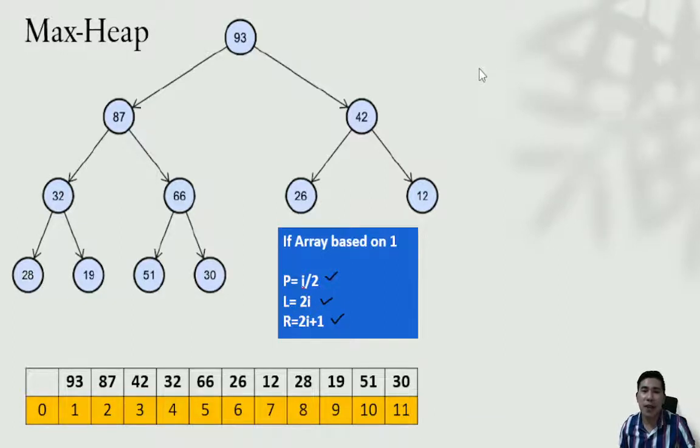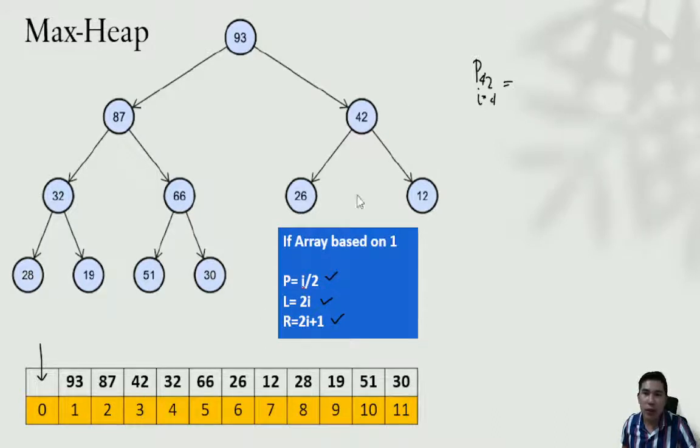Let's say the parent of 42. By the way, in this implementation, when you program this, you don't put a value at index 0. You skip index 0, so most probably you start with 1.